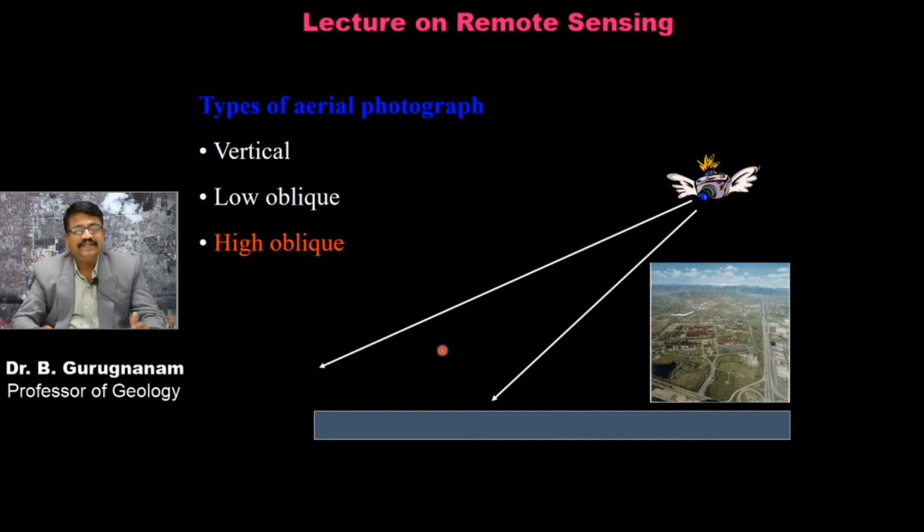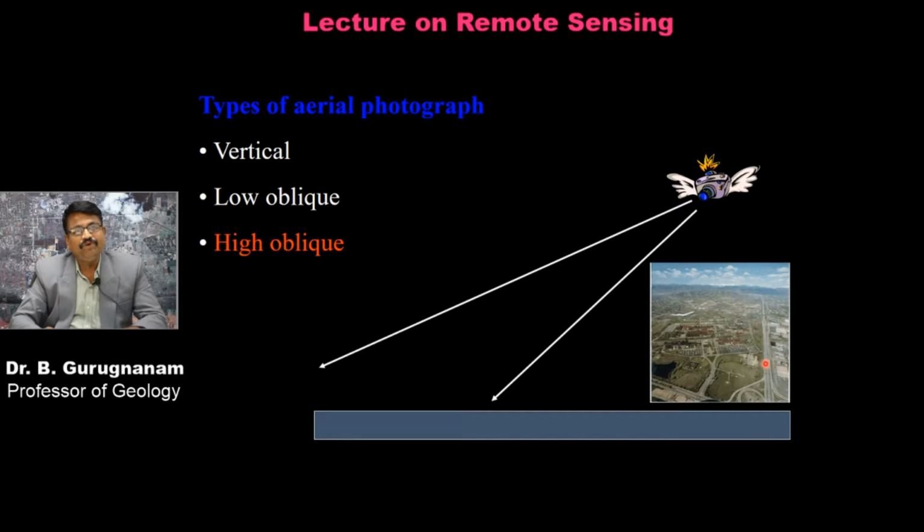So this is another very interesting one, the high oblique photograph. Normally we say that one end of the photograph touches the ground, and the other end of the photograph touches the sky. Even this is a sample of the photograph. One end touches the earth, and at the other end you see the sky. So this is high oblique. It means that the angle of the photograph is so high. Again the scale problems will come.